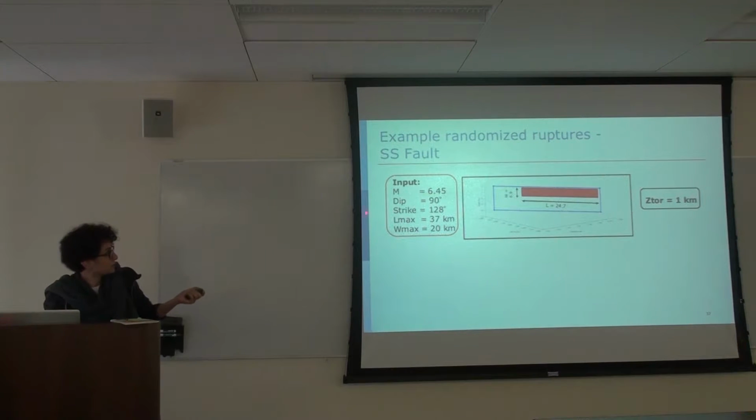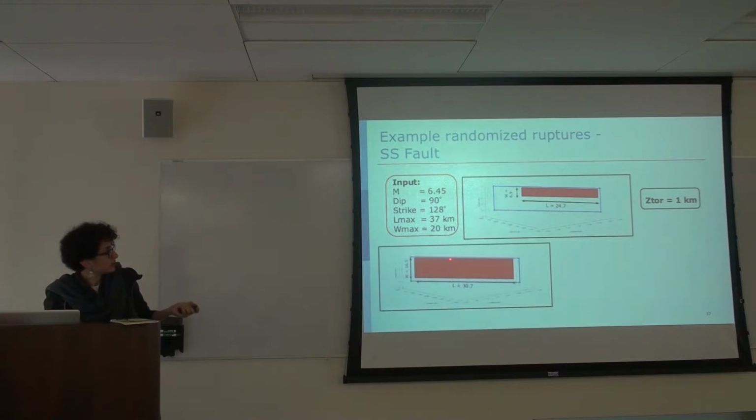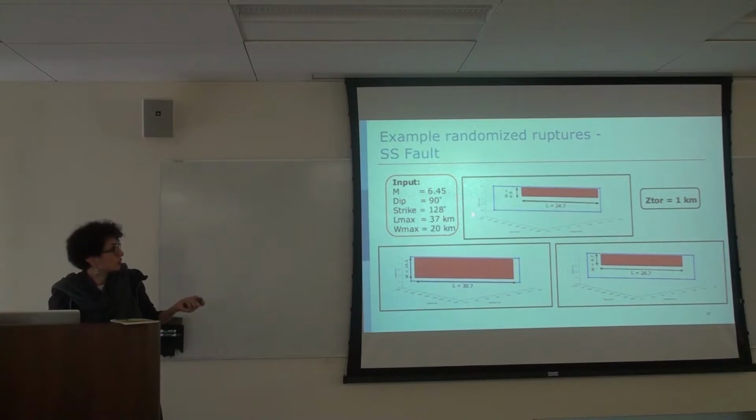This is the input that we provide, and these are 3 examples of rupture realizations. The blue box is the fault geometry, and the red rectangles are 3 rupture realizations that are consistent with this input and consistent with the probability distributions that I presented earlier.